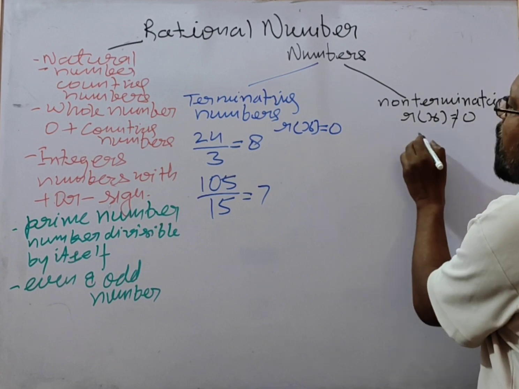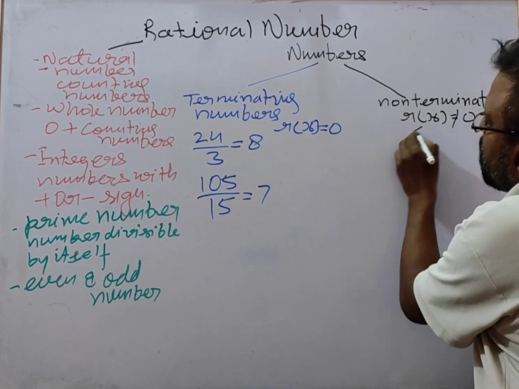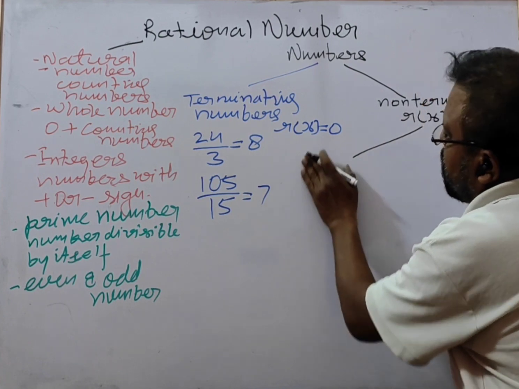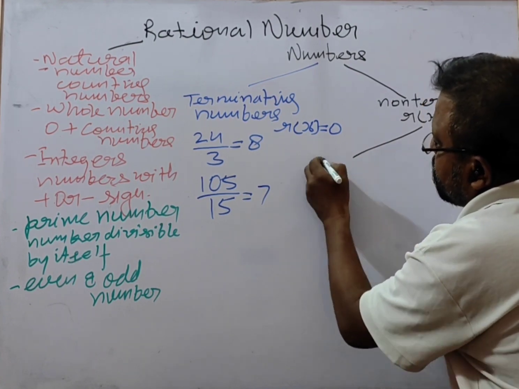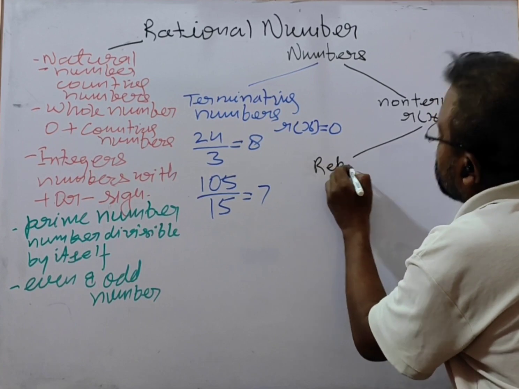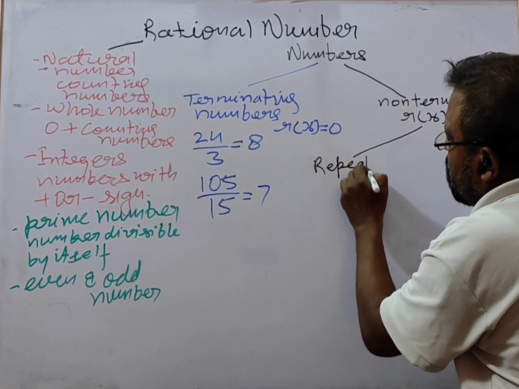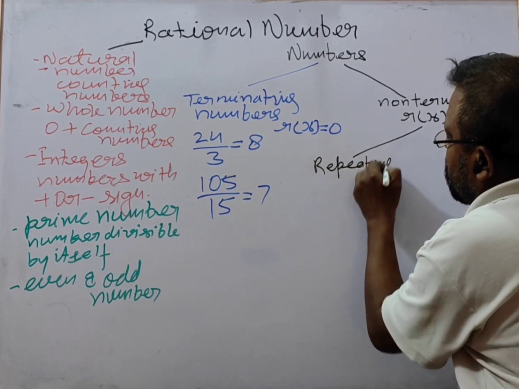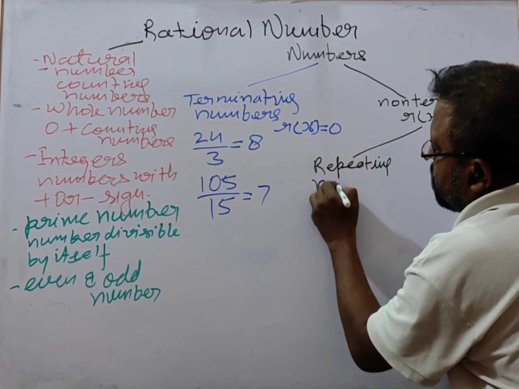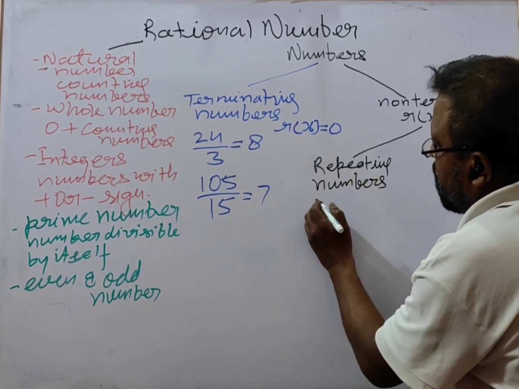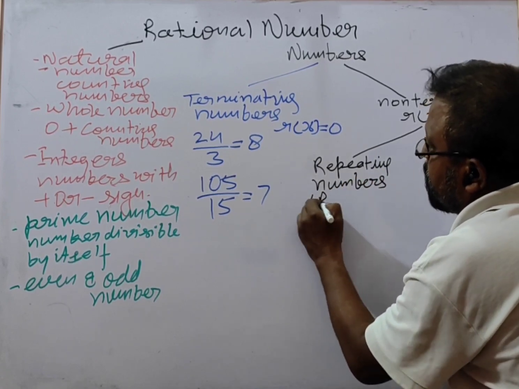They are again of two types. One is recurring numbers, sorry, repeating numbers. Non-terminating, repeating numbers, right? They are also known as recurring numbers.